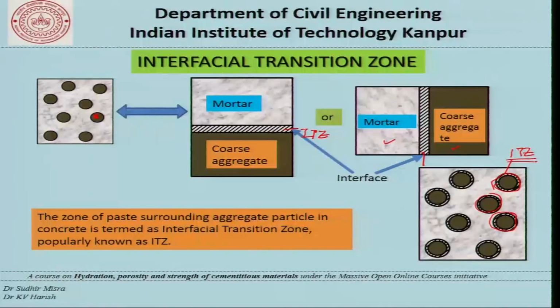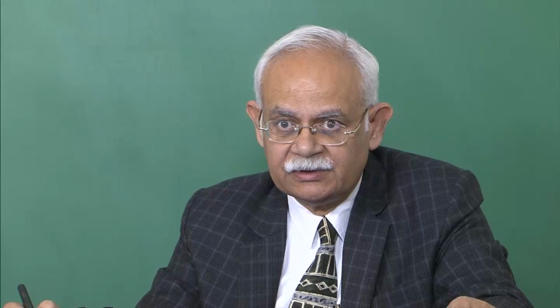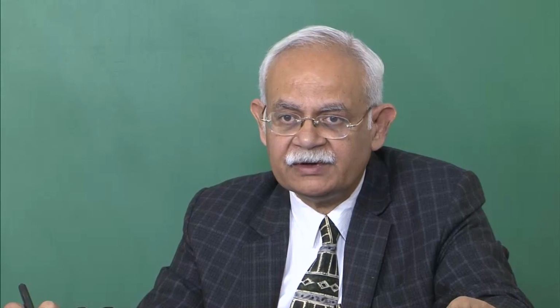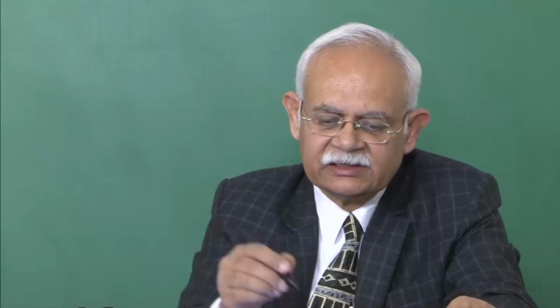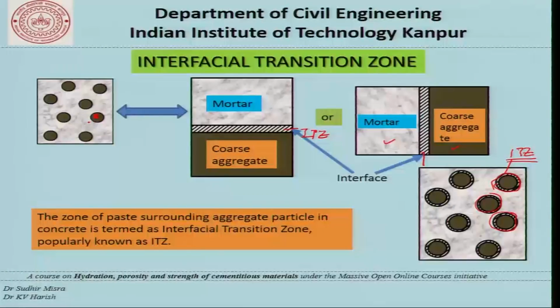ITZ. Now this ITZ actually comes about as a result of bleeding, as a result of small amounts of segregation that occur in the neighborhood of an aggregate particle as some particles try to settle down under the action of gravity, resulting in accumulation of water around these aggregate particles.